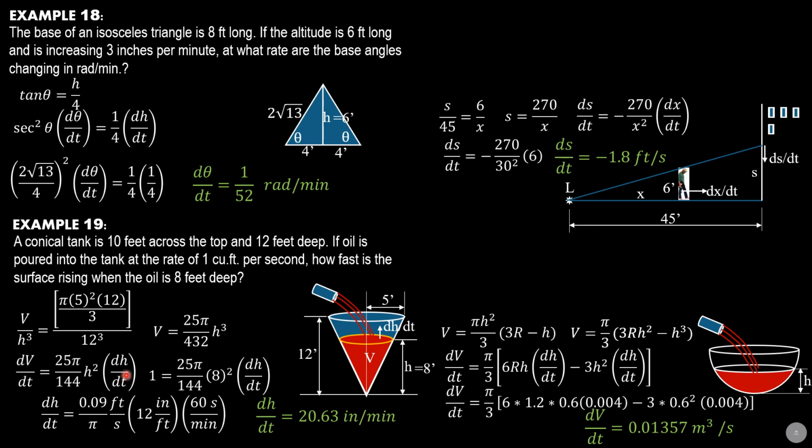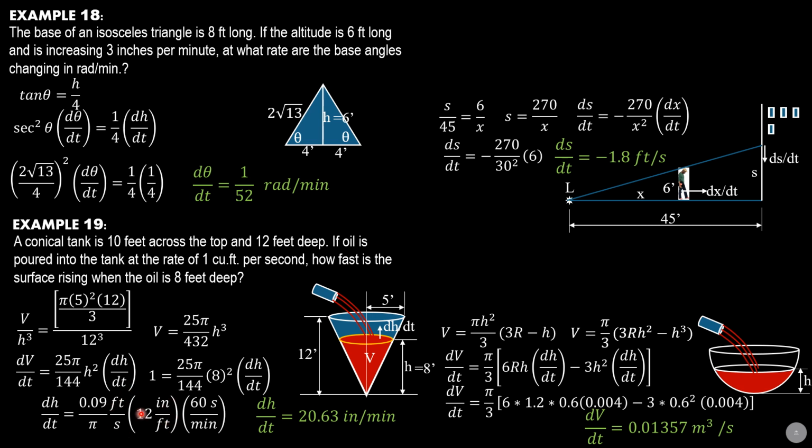So dV/dt is 1 cubic foot per second equals 25 pi over 144 when the depth is 8 feet, so 8 squared dh/dt. Solving for dh/dt, that's 0.09 divided by pi foot per second. Then let's convert that to inches per minute.